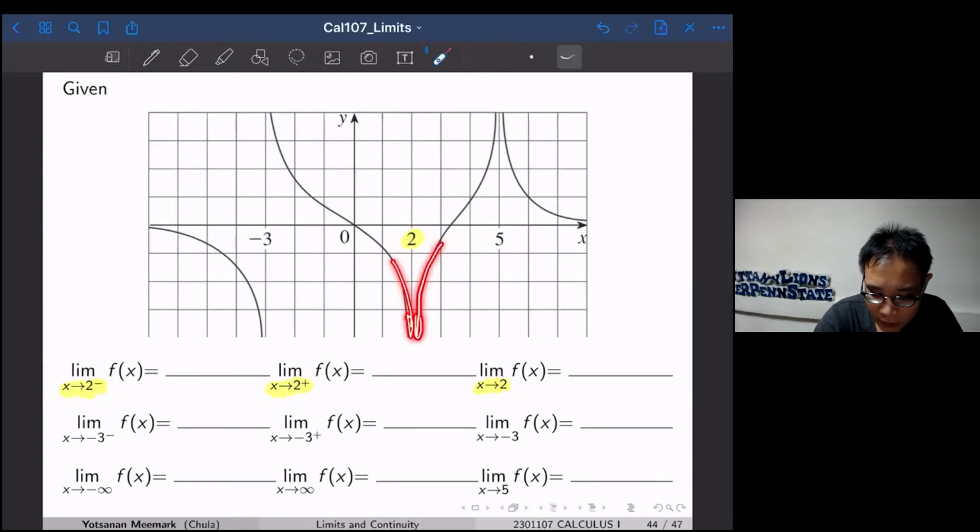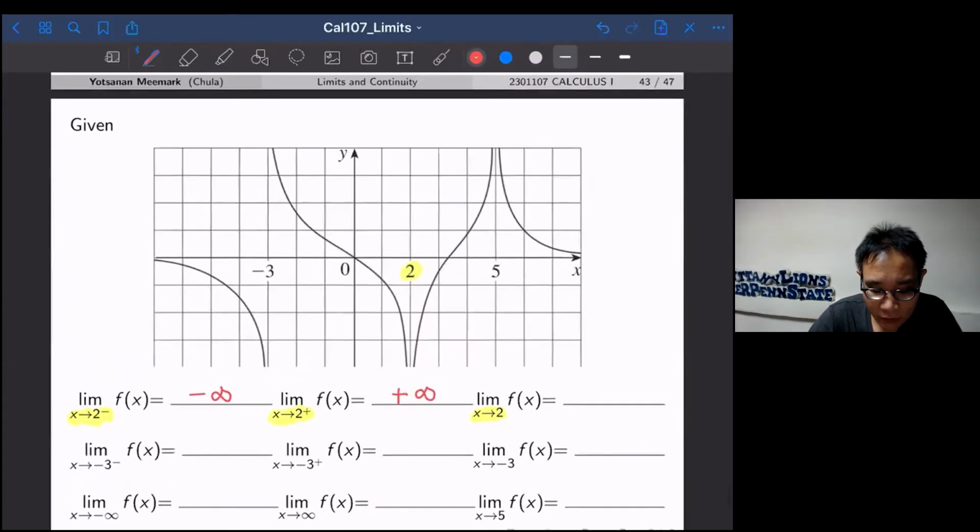So the limit as x goes to 2 from the left of f(x) is negative infinity. The limit as x goes to 2 from the right of f(x) turns out to be positive infinity.